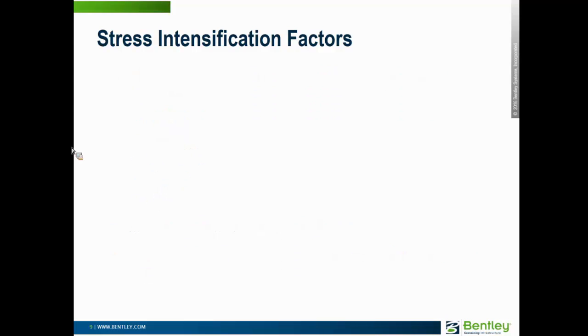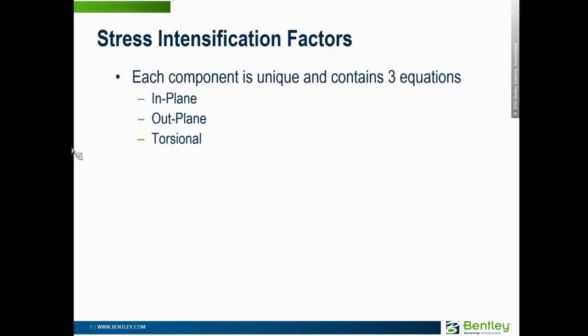Okay, so we were on the topic of stress intensification factors. To save time, I'm only going to discuss one SIF equation for the welded T's. Each component itself, however, has its own set of equations in each of the three directions: the in-plane, the out-plane, and the torsional.